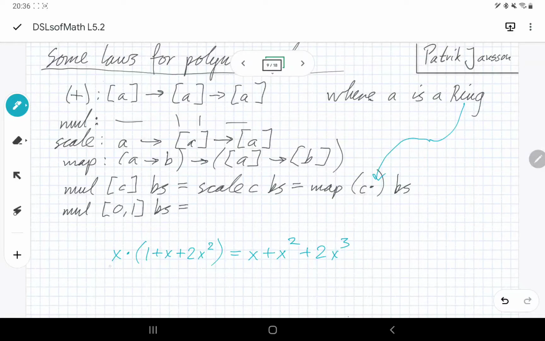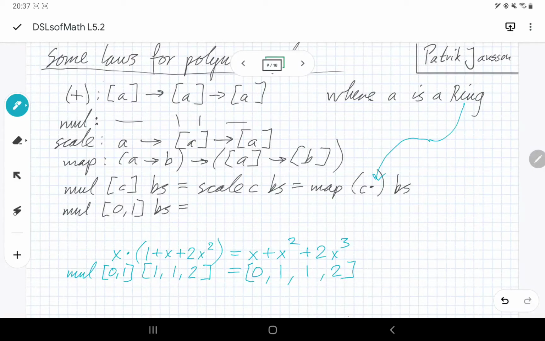And the list representations here, this is the list 0, 1. This is the list 1, 1, 2. And this is the list, well, it continues with 1, 1, 2, but it starts with a 0.